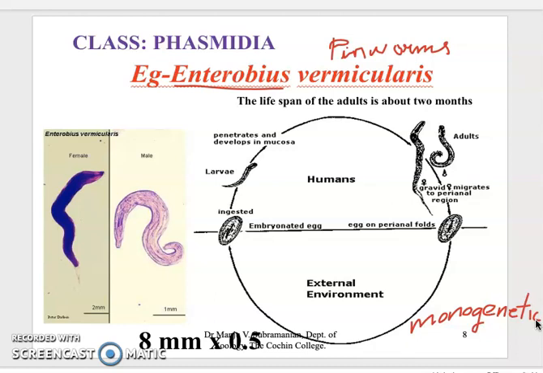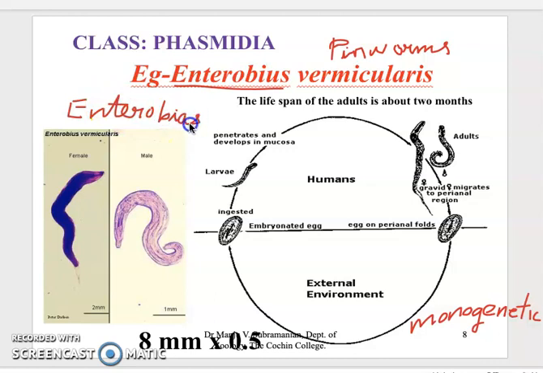And the medical condition associated with this is called Enterobiosis, and sometimes also called oxyuresis. So the disease caused by Enterobius vermicularis is called Enterobiosis.